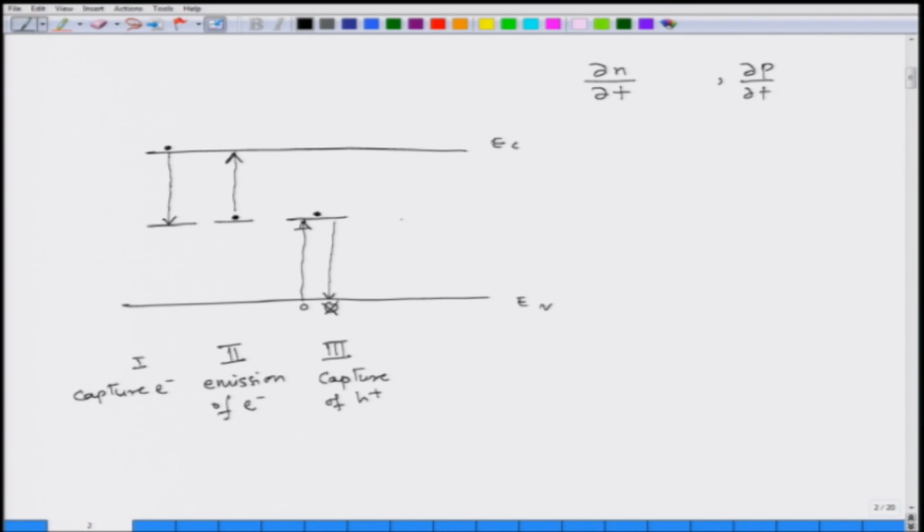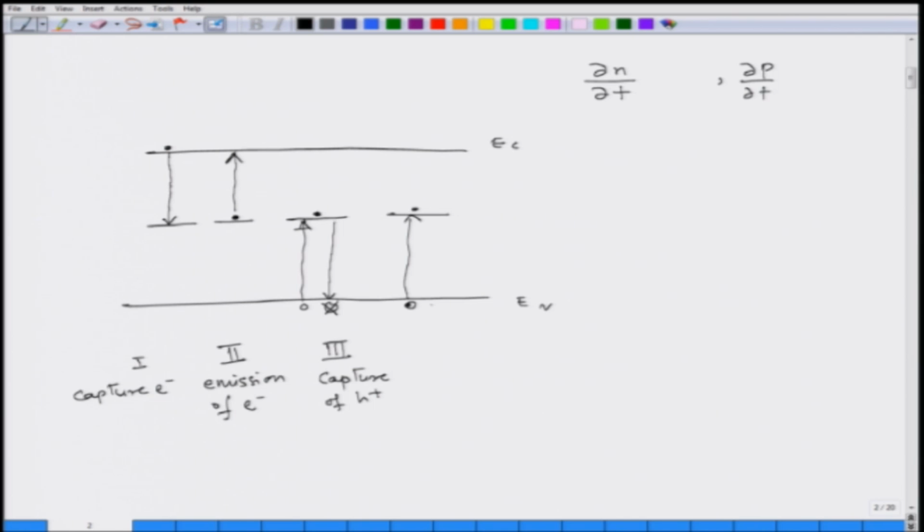It can emit a hole as well. So, one can think of a situation where an electron from the valence band goes to the trap and leaves a hole. So, this would be the process by which an electron goes to the R-G center and thereby leaves a hole here. So, that is generation or emission of a hole.